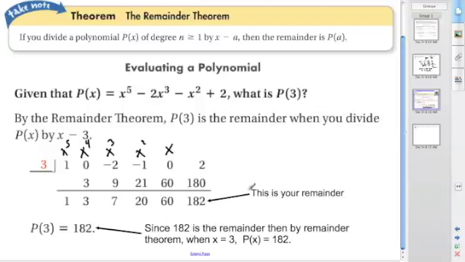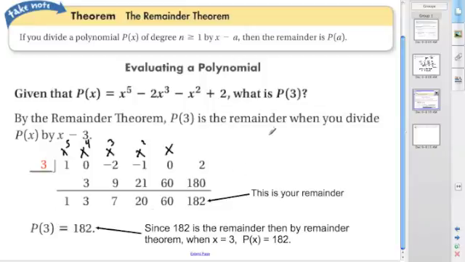So they did synthetic division, and with synthetic division, if you get a remainder, that is what the polynomial is evaluated at when x is 3. So when x is 3, p of 3 is equal to 182.